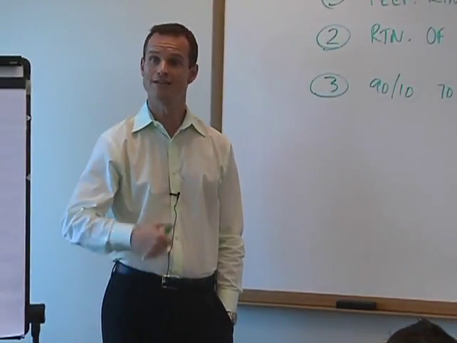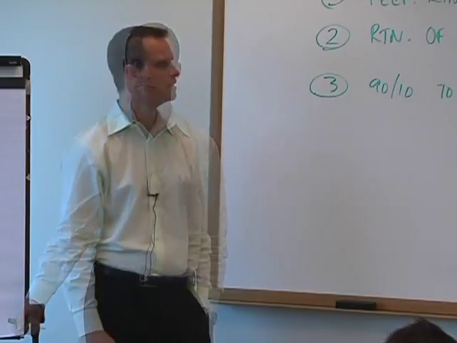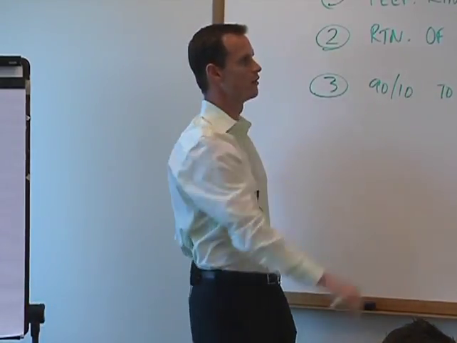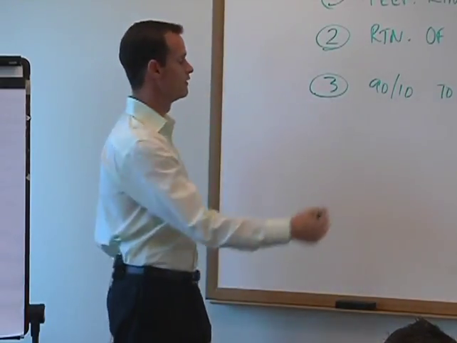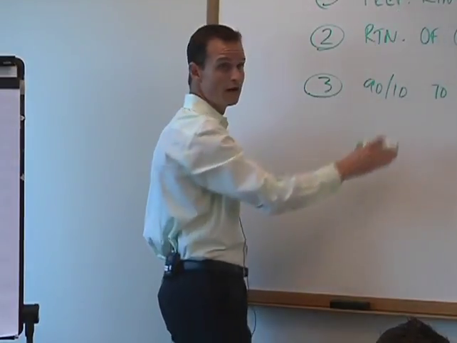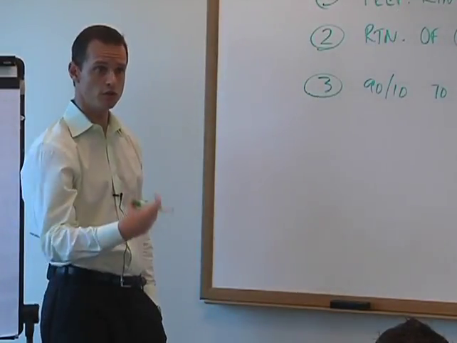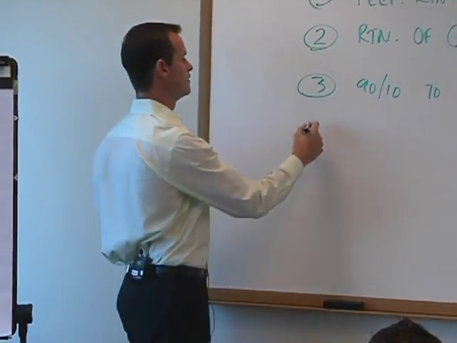Until we get to our hurdle rate, until the LP has achieved an IRR of 15% on their money, including the pref, so that their cumulative returns reflect an IRR of 15%.